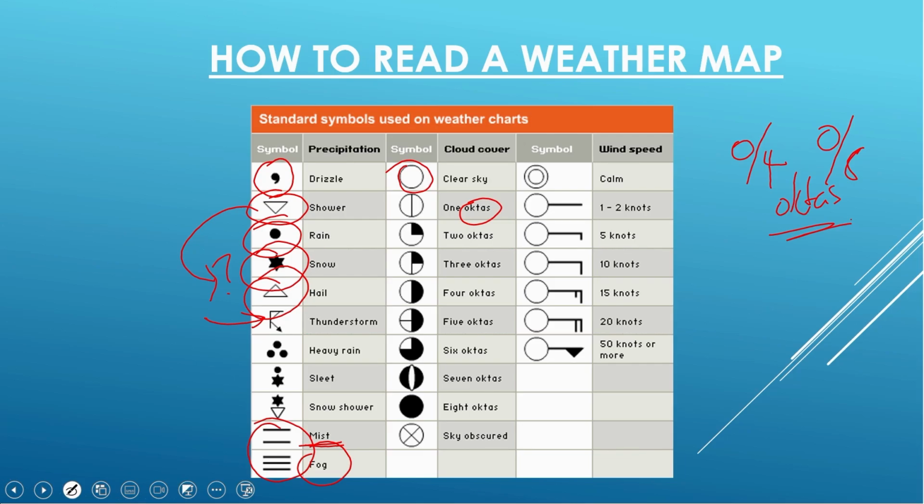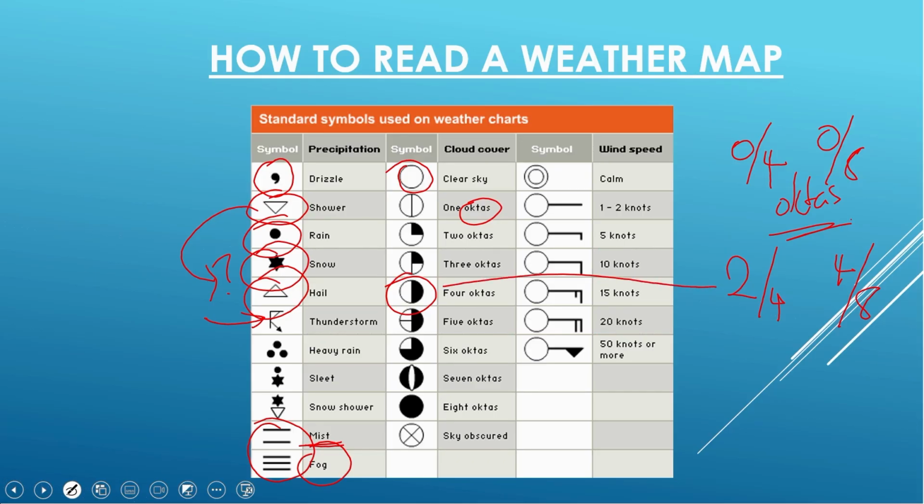Now, let us move. We're not going to be doing all of them. Look at that now, okay? Half of the circle is shaded, meaning you have got almost half of the sky with cloud cover. So that takes you to 2/4 octas or 4 octas over 8 octas, okay?